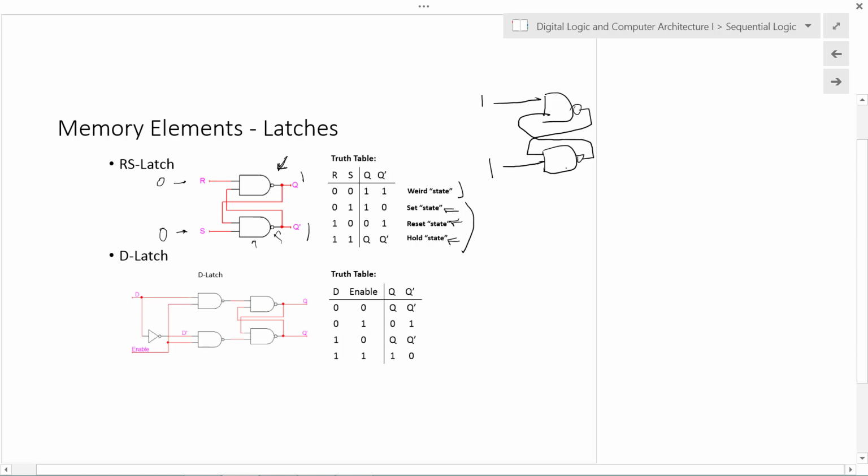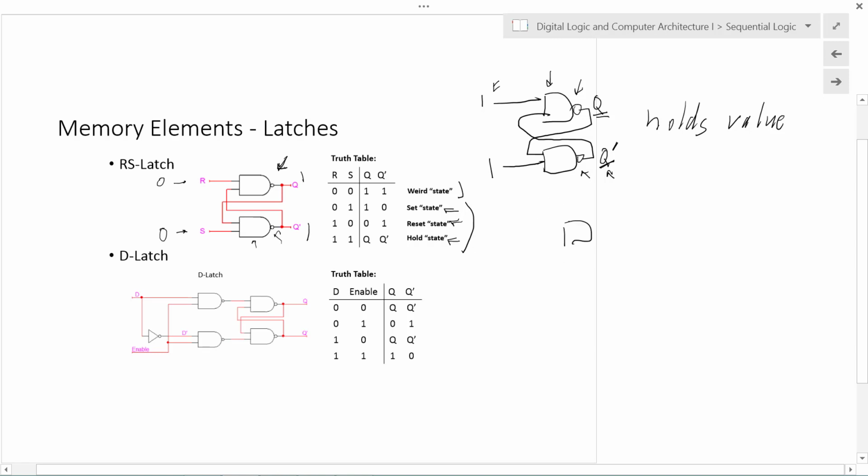Notice that 1 ANDed with anything, say this is Q and this is Q prime. 1 ANDed with Q is going to give us Q, but inverted gives us Q prime instead. 1 ANDed with Q prime gives us Q prime, and then we invert Q prime and we get Q. And so we can go back and forth between Q and Q prime, and we hold the value.